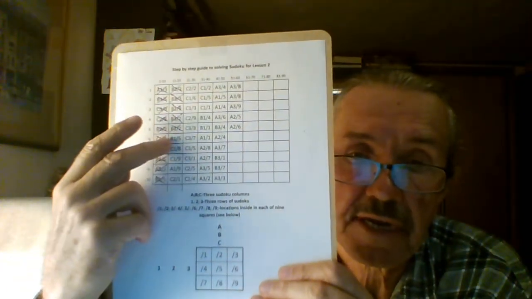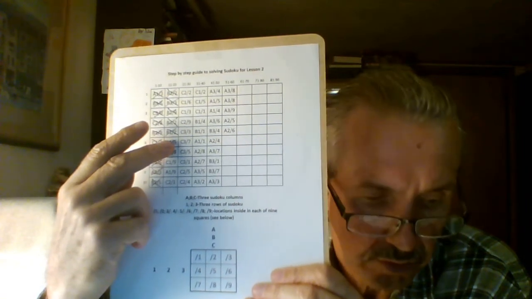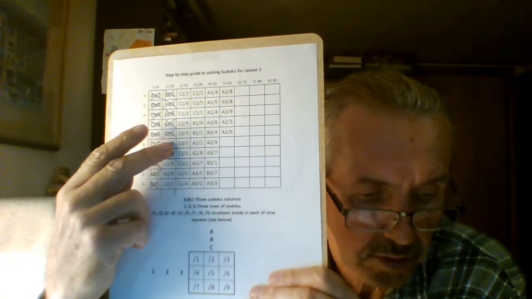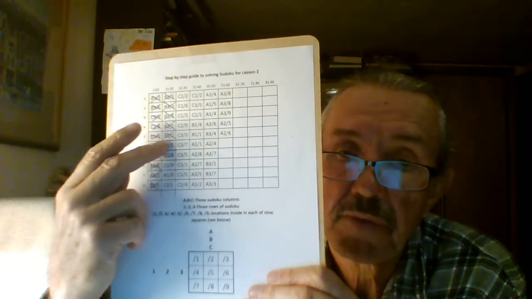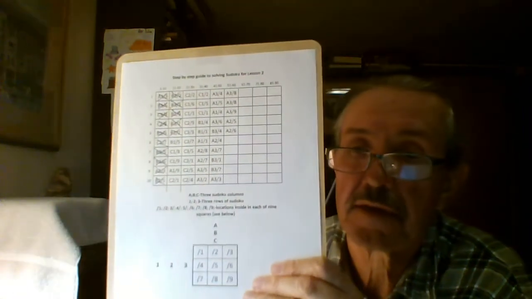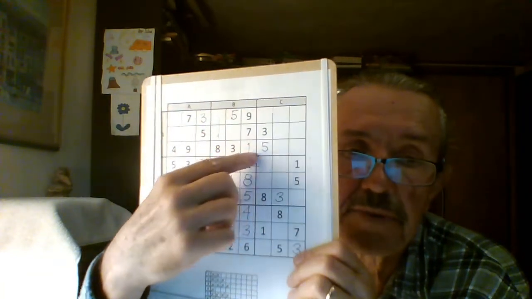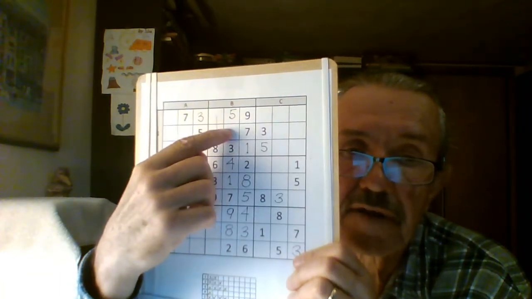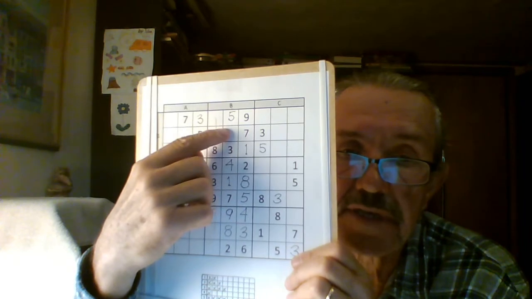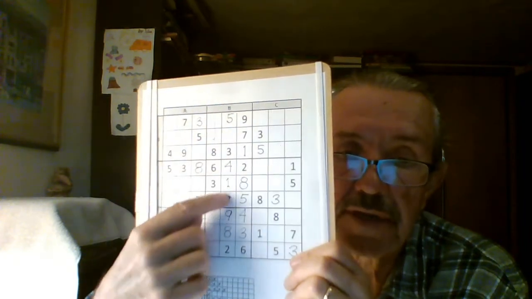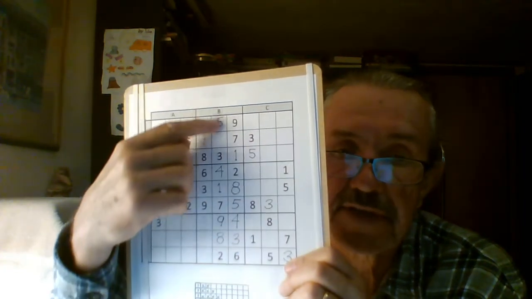Next step is B1/5. This is square B1, and /5 is this location. As you see, there's only one available space in this vertical line.